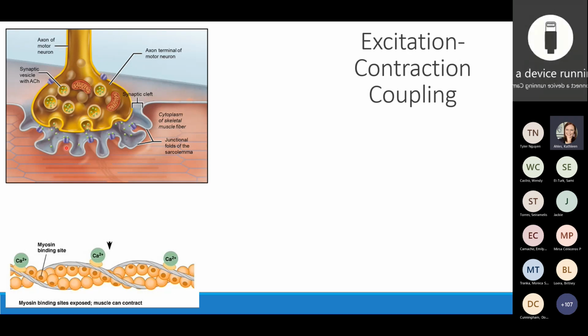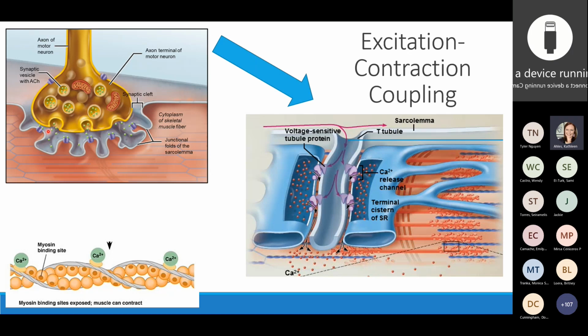They're going to go down and attach to these chemically gated sodium channels that we see down here. And when we attach to those channels, the membrane charge starts to go up. And it goes up and up along the sarcolemma, all the way across the sarcolemma until we get down to those T-tubules. And once we're in the T-tubule, now I press on a voltage sensitive protein, which changes the shape of my calcium channel.